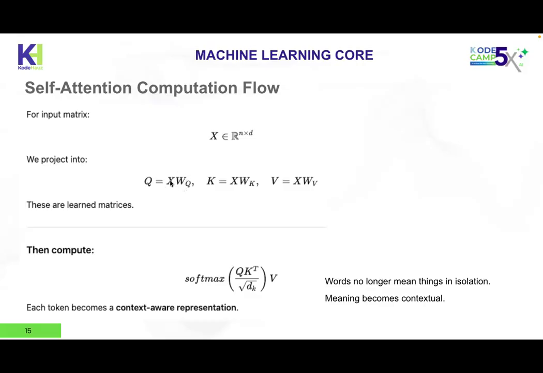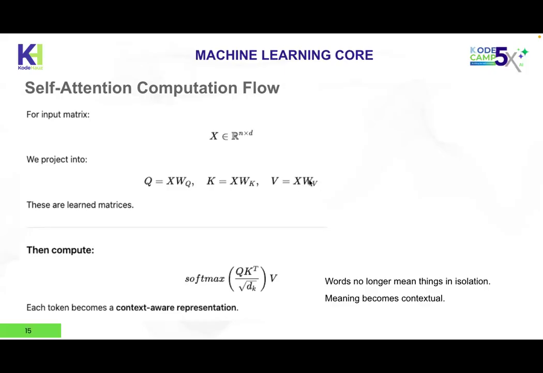So we take the X and we project it with the weight WQ, which is a learned parameter, and that gives us Q. So Q is a projection of X onto a particular subspace. K is a projection of X also onto another subspace. And V is also a projection of X onto a third subspace.